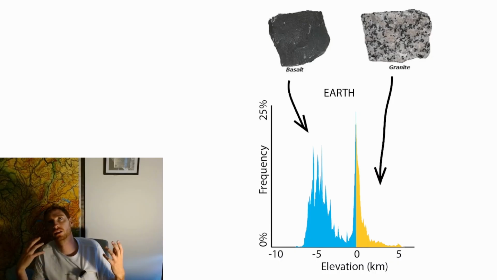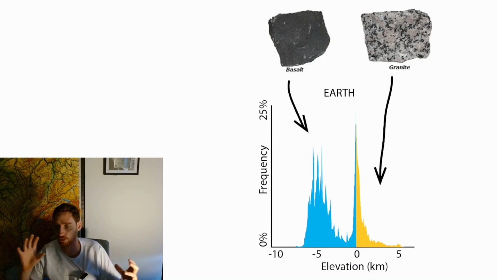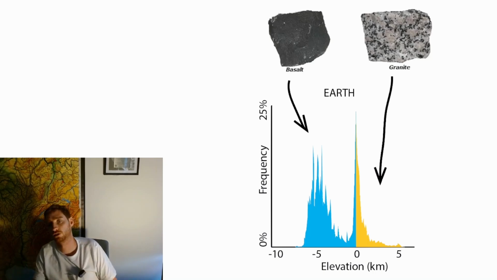And the main reason that we have this bimodality, so this sort of double spike, is because of plate tectonics. So on Earth, we have different plates, and these plates are floating on an ocean of magma, essentially.